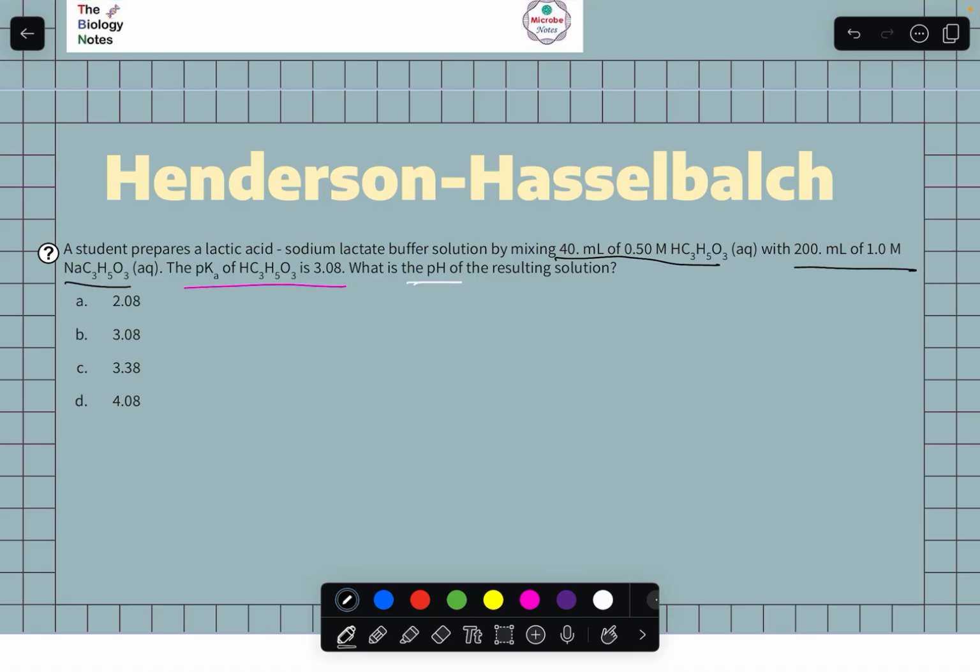Okay. So the equation is pH equals pKa plus log of, so we have an acid and a conjugate base. So this is going to be the conjugate base, and then put Cb. So the concentration of our conjugate base divided by the concentration of our acid.